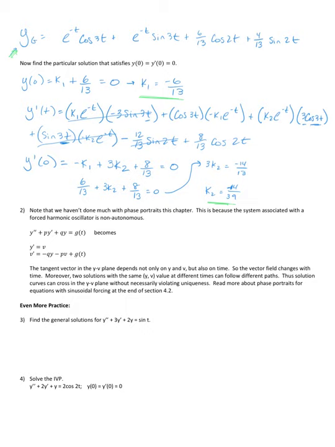Okay, so k1 turned out to be negative 6/13. And k2 is negative 14 over 39. And that is not y general anymore. It is just the solution.